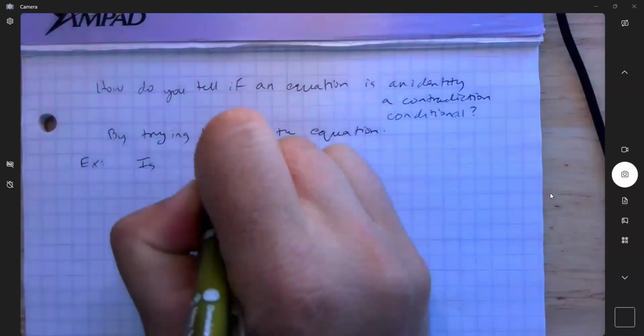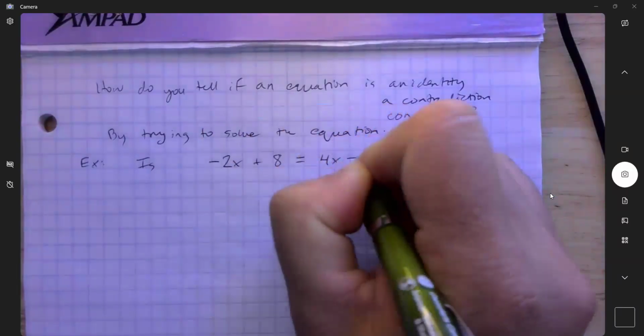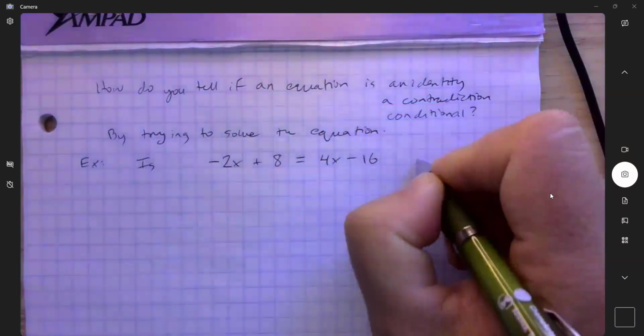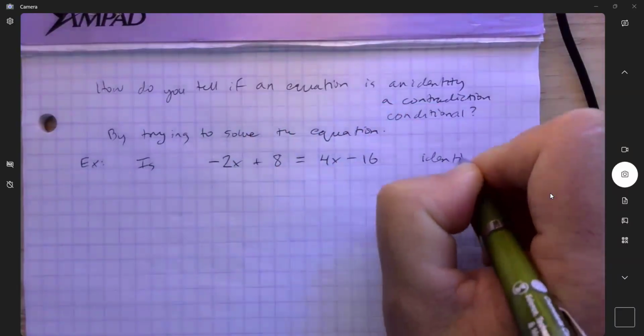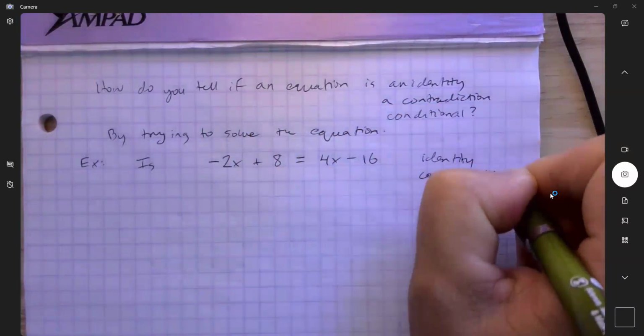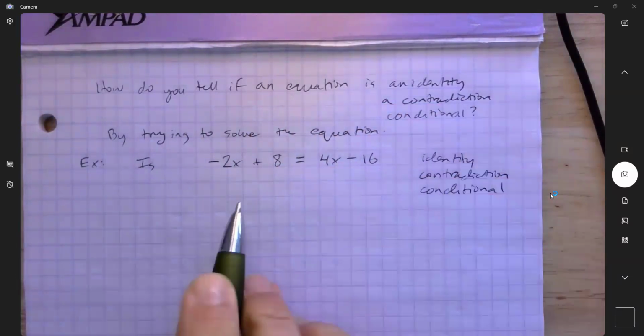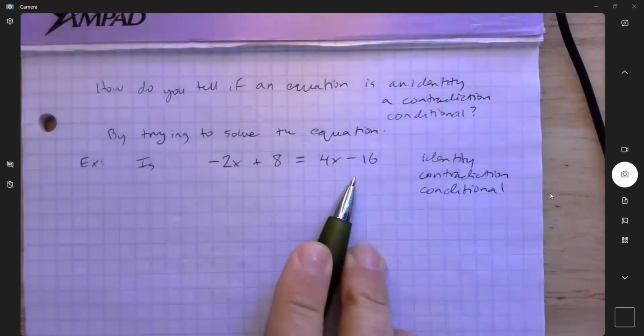Is minus 2x plus 8 equals 4x minus 16 an identity, a contradiction, or is it conditional? Now, just like before, you could actually try some numbers to get a sense.